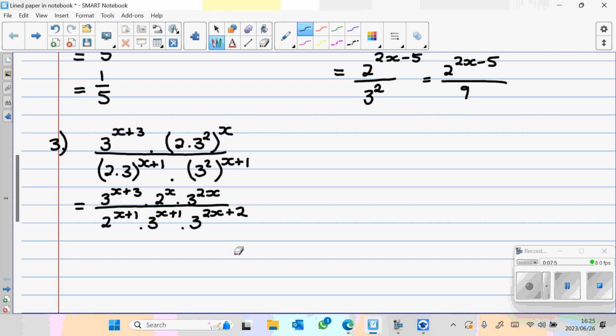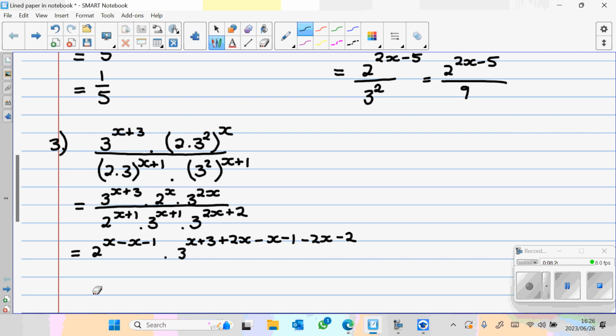Now I put the 2's together and I put the 3's together. So for the 2's, I have x on top, and then I'm going to subtract x plus 1, which would give me minus x minus 1. And for the 3's, I have x plus 3 on top, plus 2x. Then I'm going to subtract x plus 1, minus 2x minus 2.